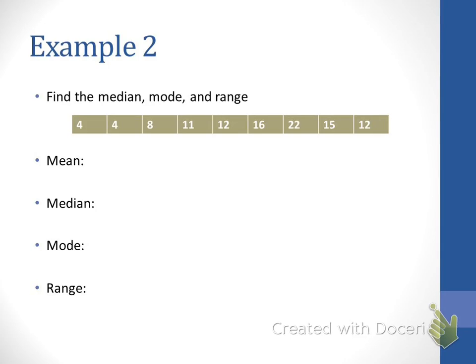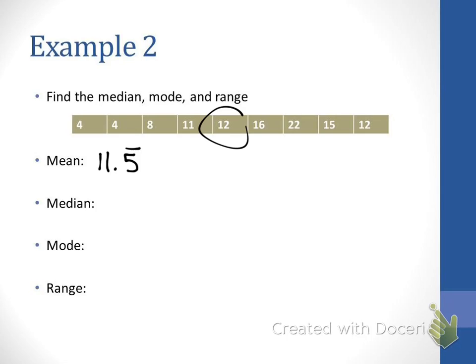Now in example 2, I'm going to find all of my averages. Okay, well, it's the same data set, so I know that my mean was what? 11 and 5/10 repeating. Now my median, am I just going to count right now and figure out what my middle number is?